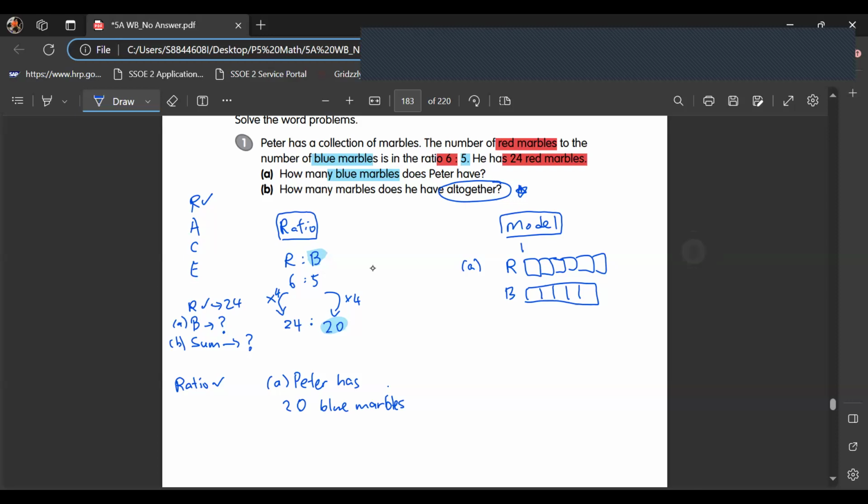So this one here is 24. So I have 6 units is 24. 1 unit is 4. 5 units is 4 times 5. That gives me 20. So blue is 20.